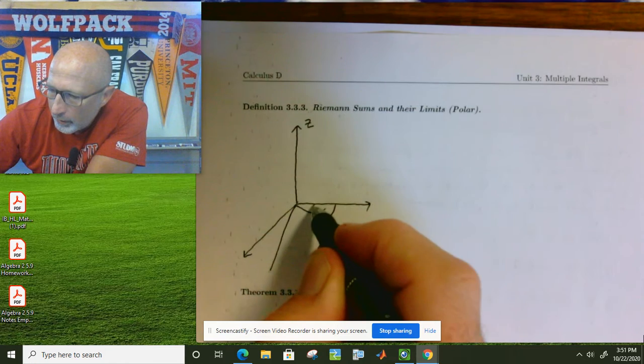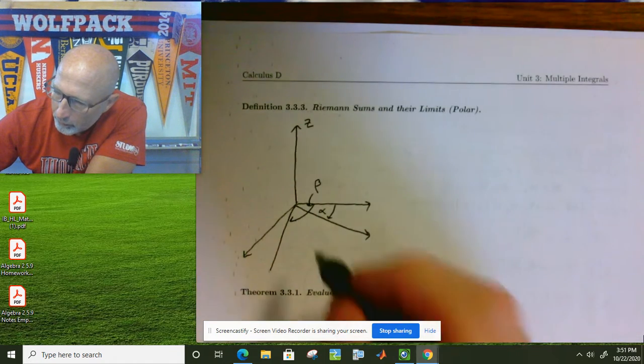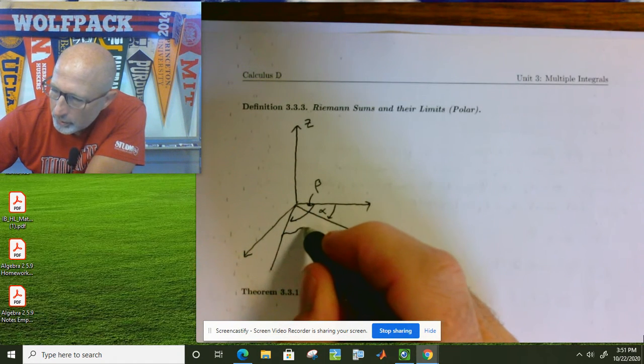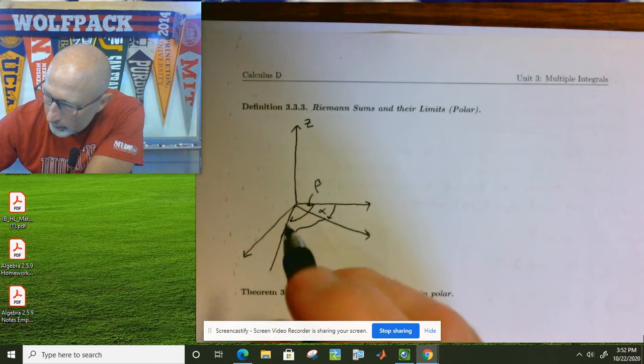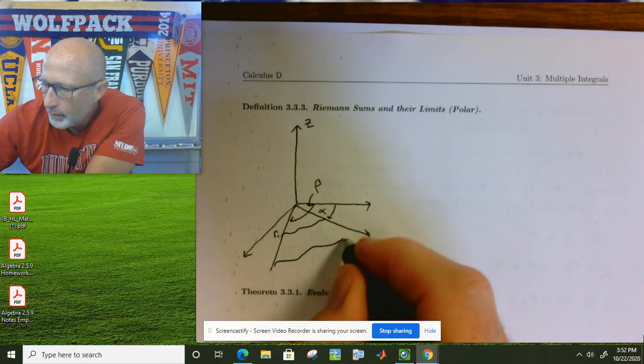And then you have another angle that goes from there to there, which is going to be beta. And then you have some sort of a curve that goes through here, which is maybe going to be my R1, and some sort of a curve right there that's going to be the R2.